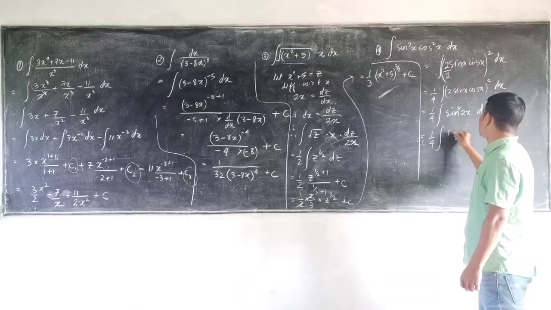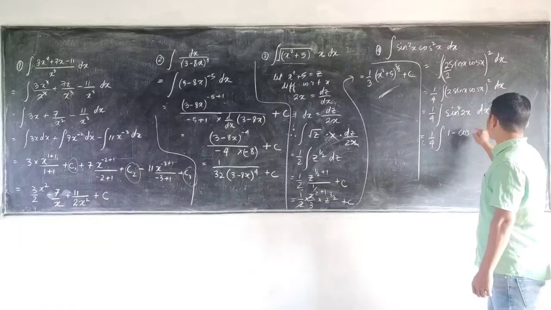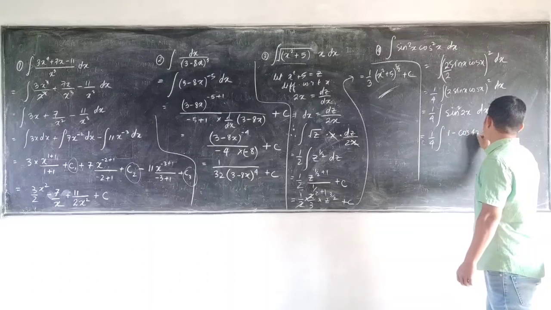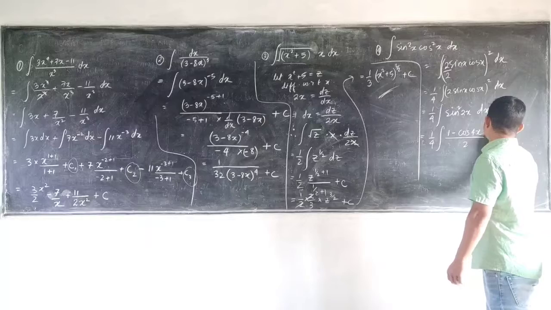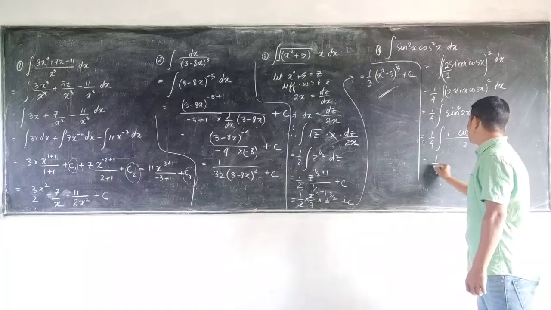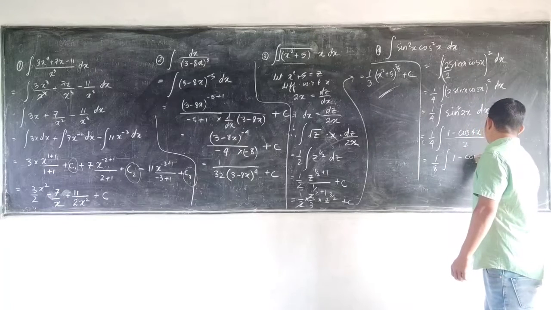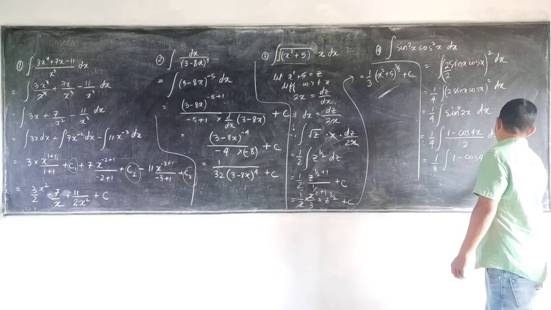So it will be 1 minus cos of, since there is a double 2x, that will be the double here, so cos of 4x, divided by 2, dx. So equal to, now 2, I take it out, so I can write 1 by 8 into the integration of 1 minus cos of 4x dx.